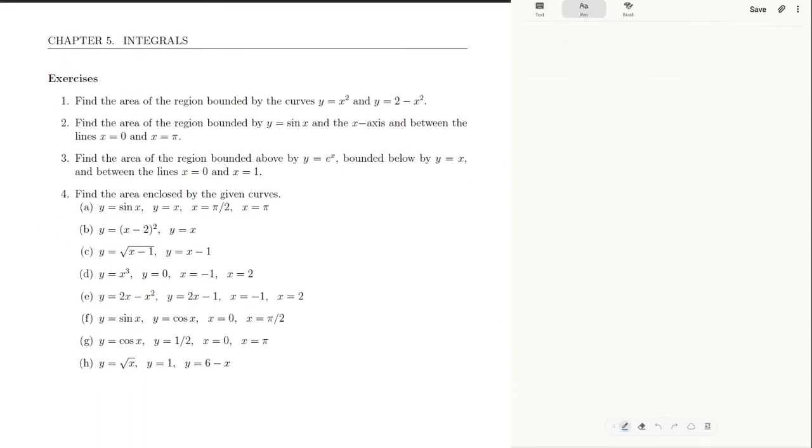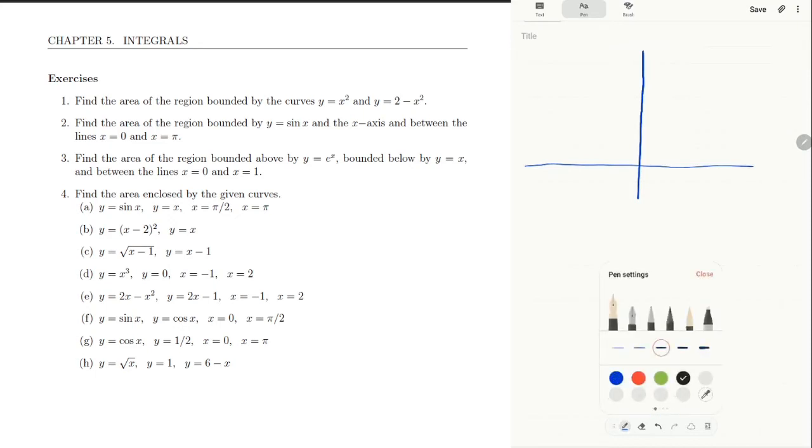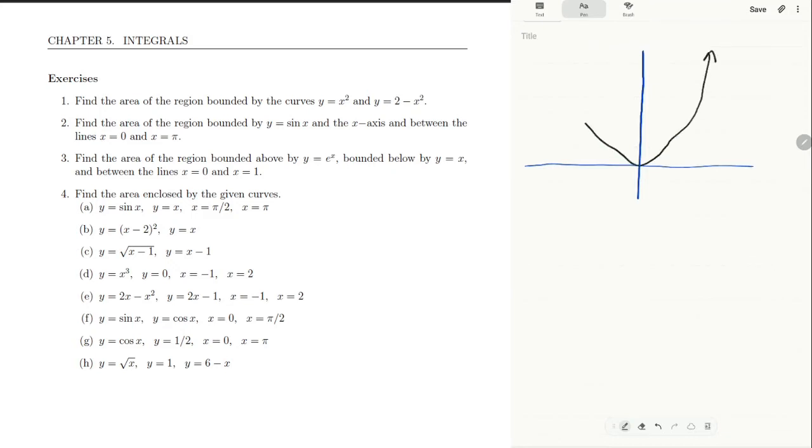So let's have a look at example 1. Let's find the area of the region that's bounded by the curves y equals x squared and y equals 2 minus x squared. So we'll first draw the regions that we're interested in. So y equals x squared is the parabola, where the vertex is at the origin.